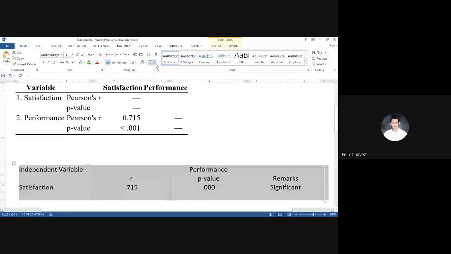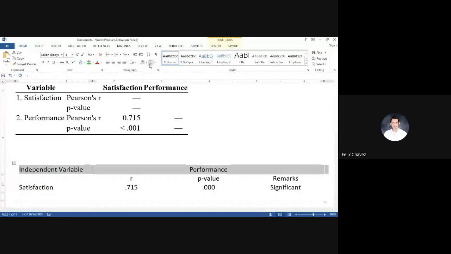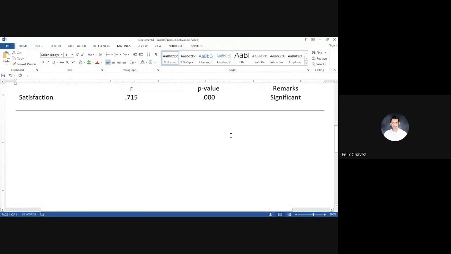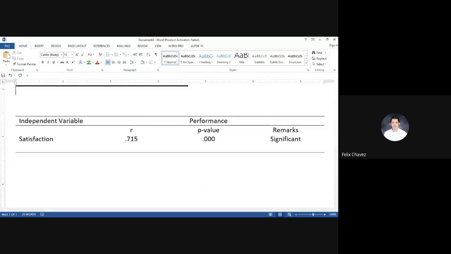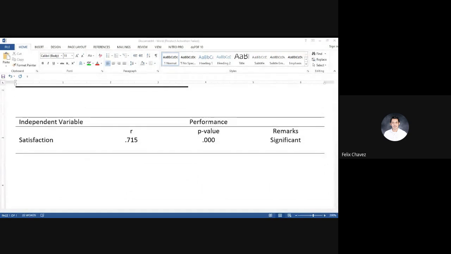So what you're going to do after you have reported all aspects in the table, nandito na yung mga results of the analysis, then we have to interpret the results. Okay, isa lang naman ang independent variable natin and we have one dependent variable.